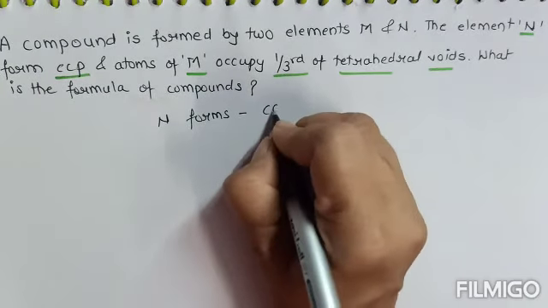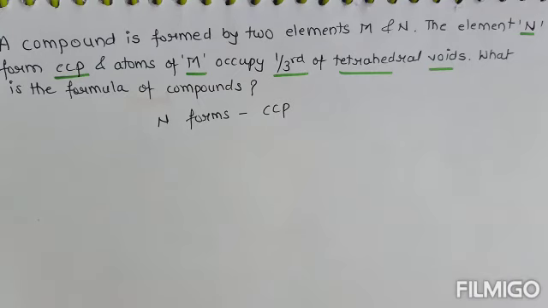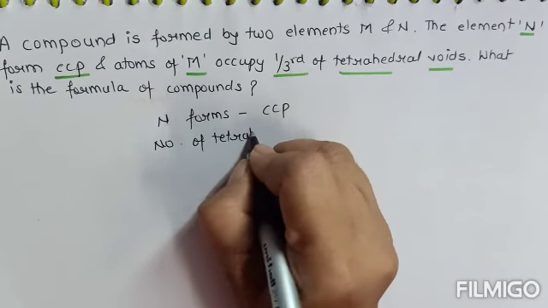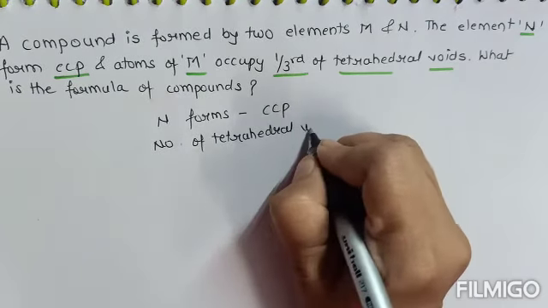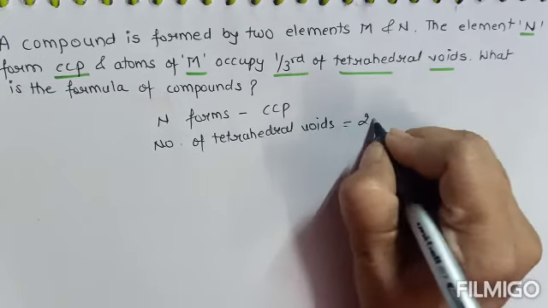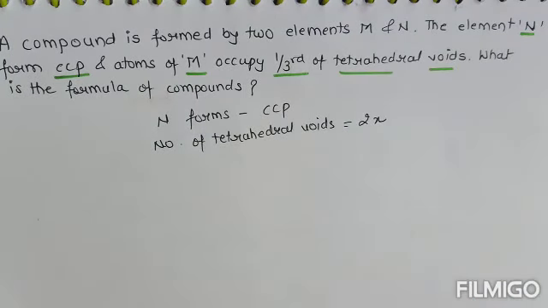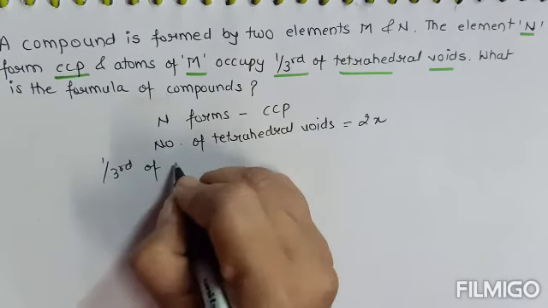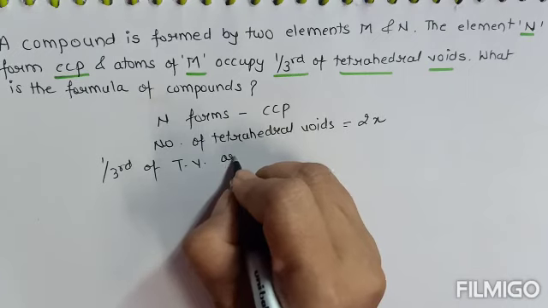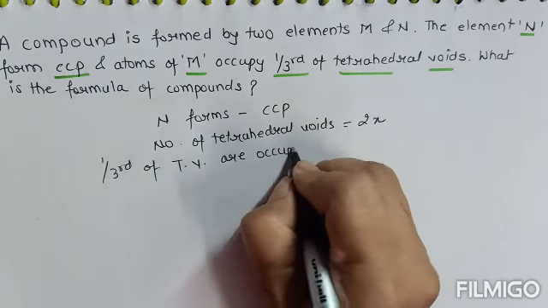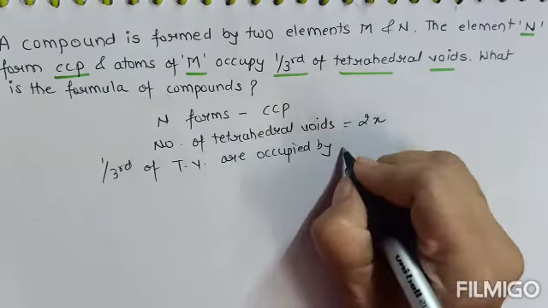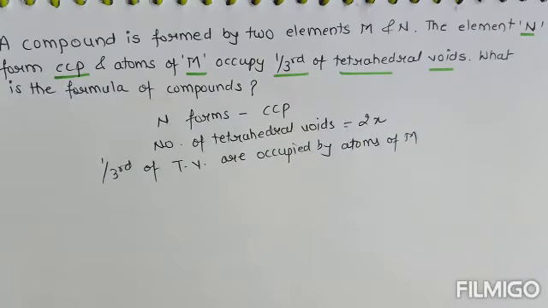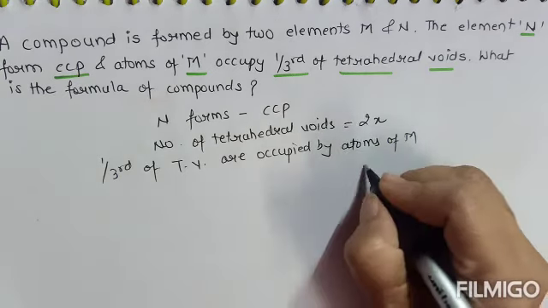Now we know N forms CCP type of packing. I will say the number of tetrahedral voids is equal to, let's say, 2x, because the tetrahedral voids will always be double in number. Now 1/3 of these tetrahedral voids are occupied by atoms of M. So how can we calculate the space occupied by M?